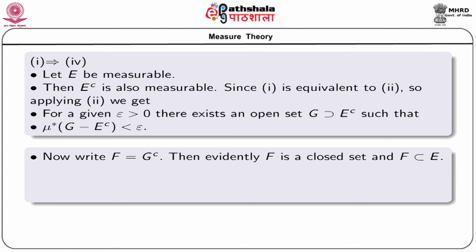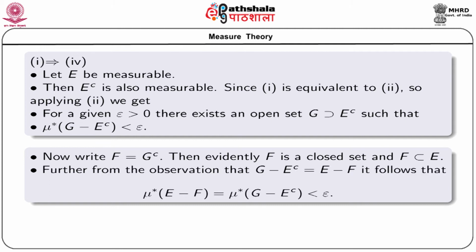Since G contains E complement, F is a subset of E, and also from the observation that G minus E complement is actually equal to E minus F, it now readily follows that mu star of E minus F, which is equal to mu star of G minus E complement, is less than epsilon.